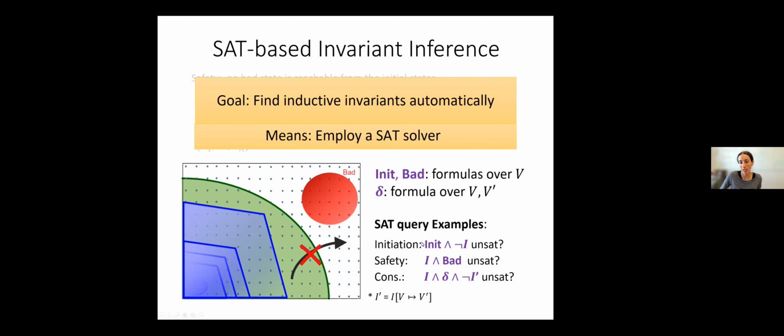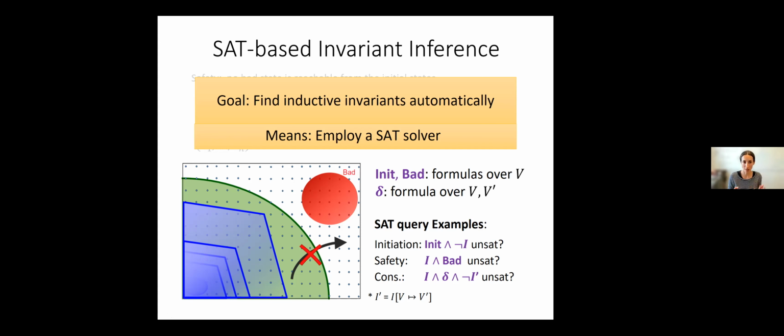For example, initiation says that the initial states have to be a subset of the invariant, and this is just saying that the set of states satisfying init but not satisfying the invariant is empty, which is just saying that this formula is unsatisfiable. Okay, and the same for all the other requirements. So at least we can see that a SAT solver can help us check if a given candidate is inductive.